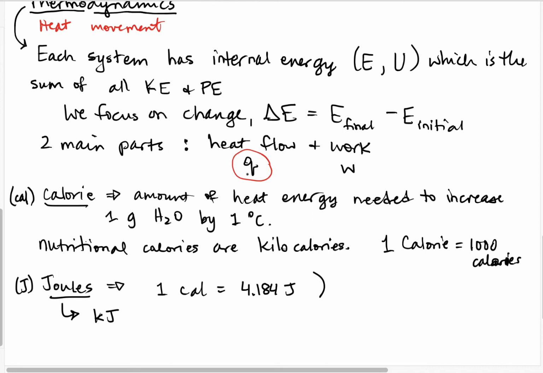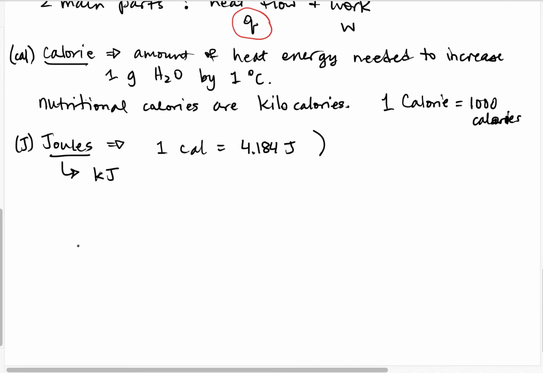Now, even though I just talked about heat flow, more common even than talking about heat flow is that we use a specific term for heat flow. It has another name. It's called enthalpy. And if you studied chemistry before, you may have heard this term before.